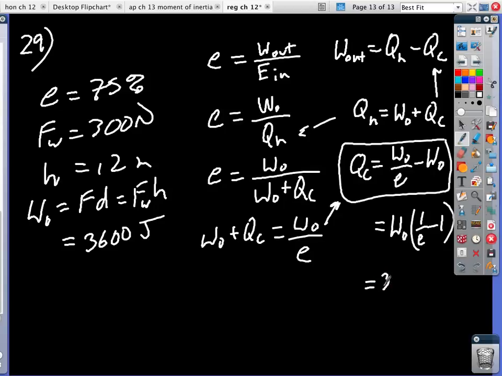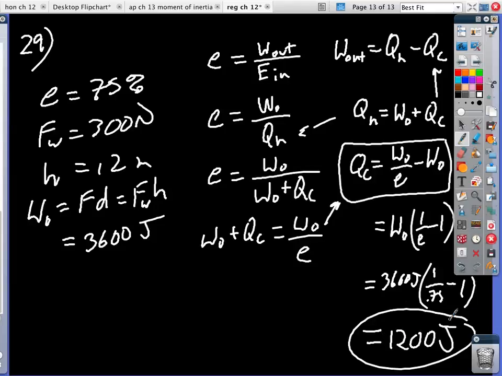So that's 3,600 joules times 1 over 0.75 minus 1. Since 0.75 is 3/4, 1 over that is 4/3. 4/3 minus 1 is 1/3. So our answer should be 1200 joules.